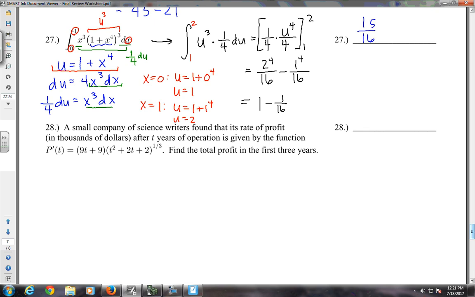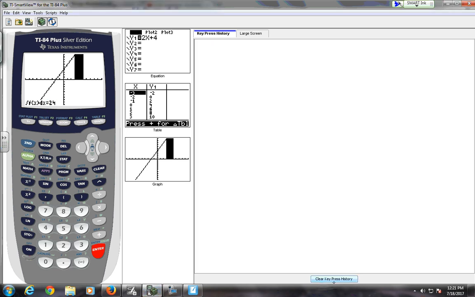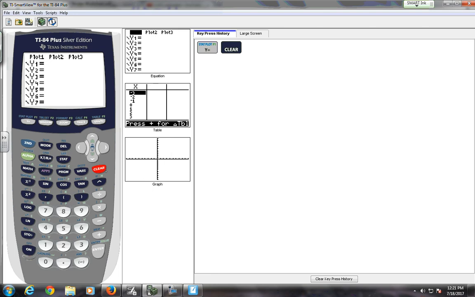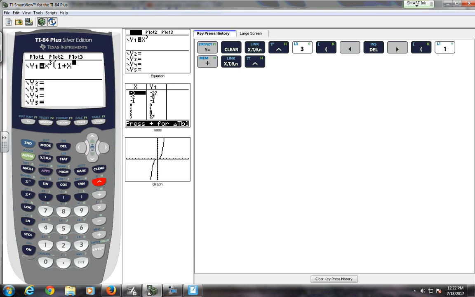Don't forget, you can check all of your definite integrals on your calculator. So let me remind you of this process. Go to y equals, clear the function that you have there currently, and type in the integrand, x to the 3rd times the quantity 1 plus x to the 4th raised to the 3rd power.